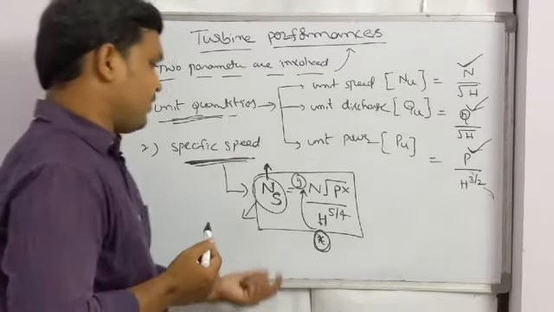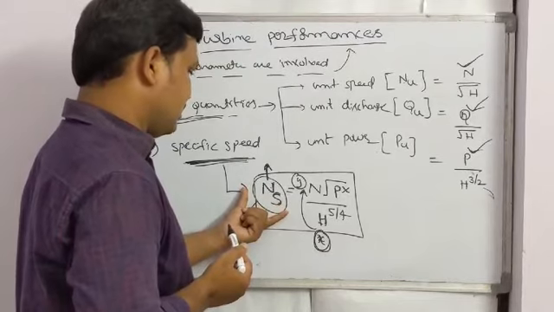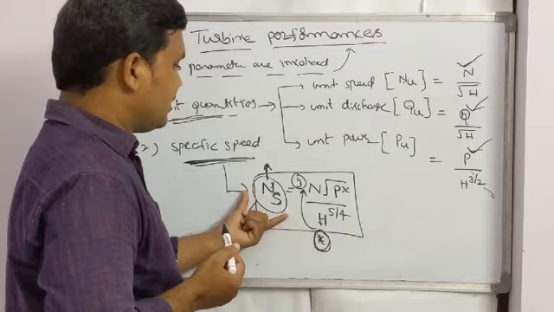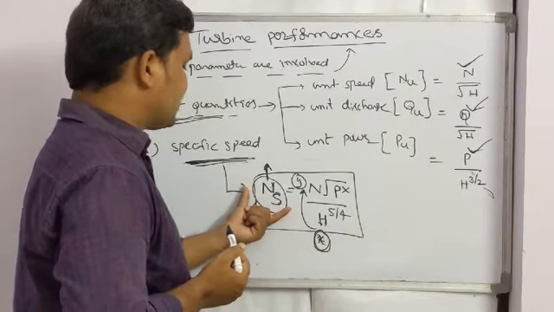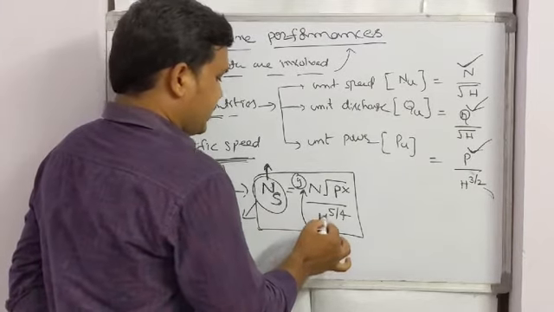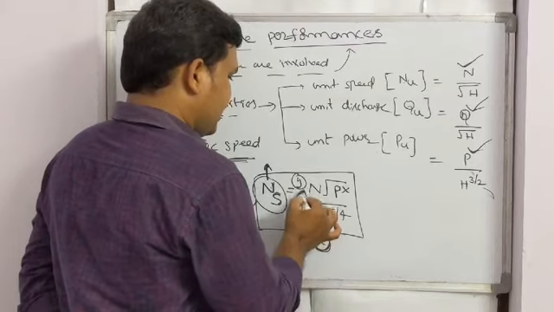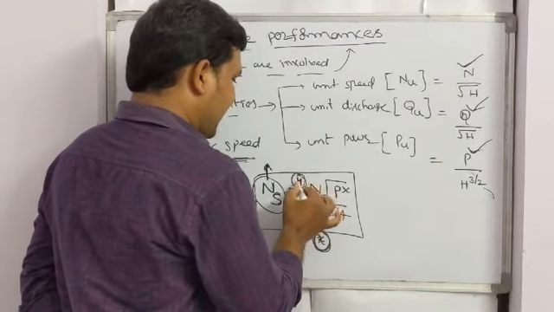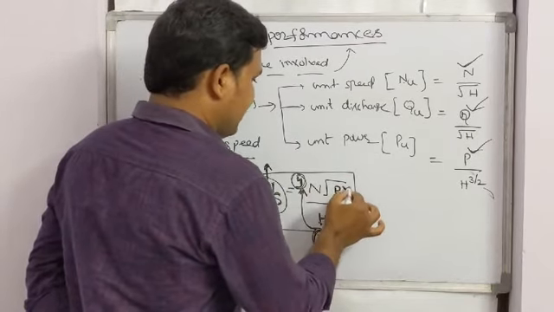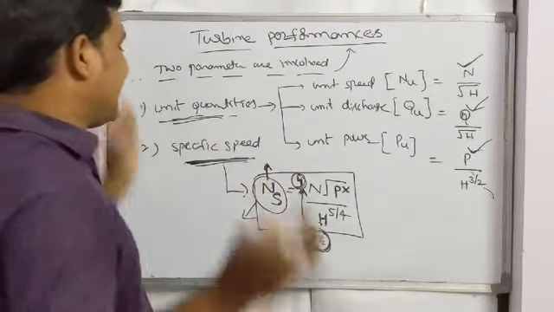Similarly, a Francis turbine has a fixed specific speed. If it works under x amount of head, we get a certain speed, and then we can calculate how much power will be developed.